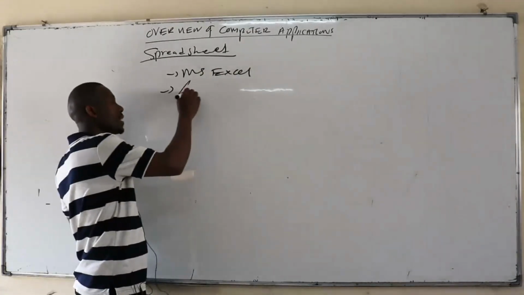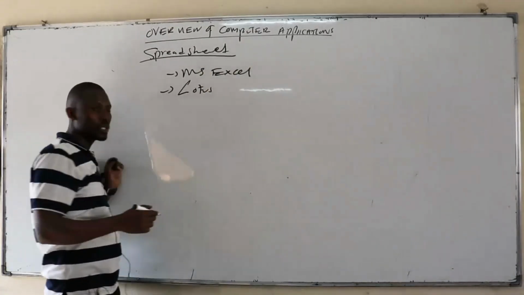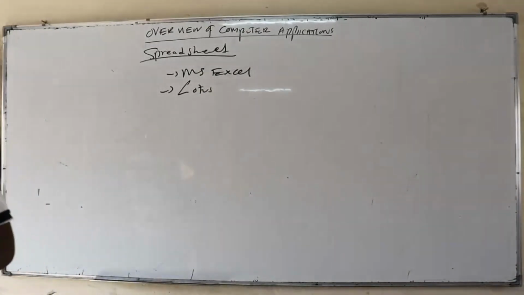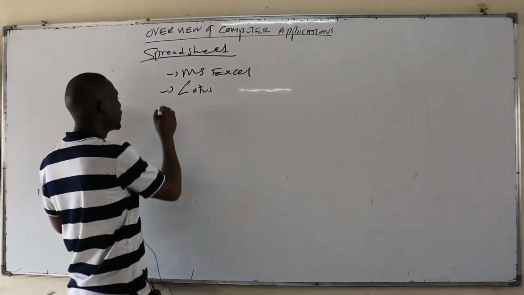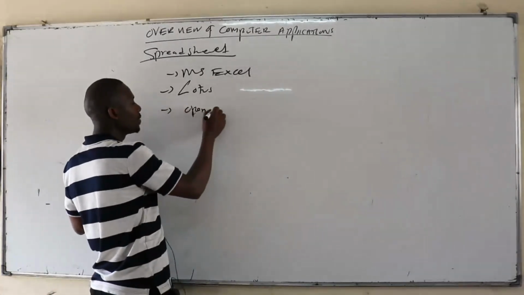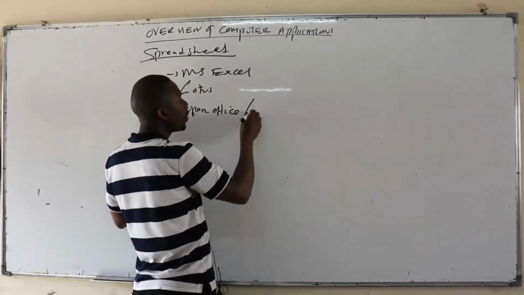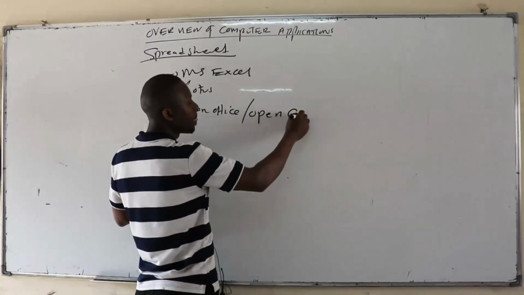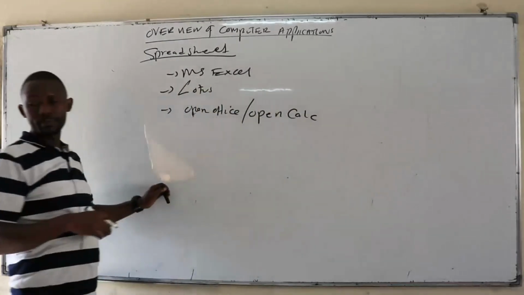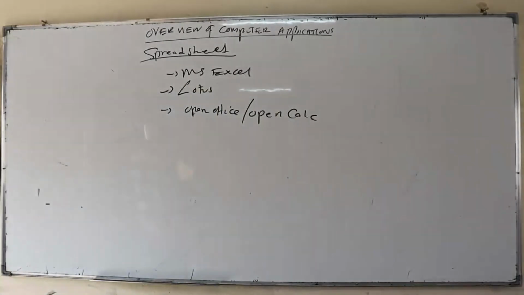We have Lotus. Lotus is not so common nowadays, but used to be there before Excel. There is another one called OpenOffice Calc, OpenOffice Calc. These run on the Linux operating system. That is a program also used to do spreadsheets.